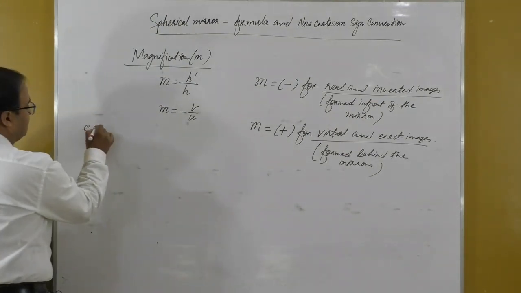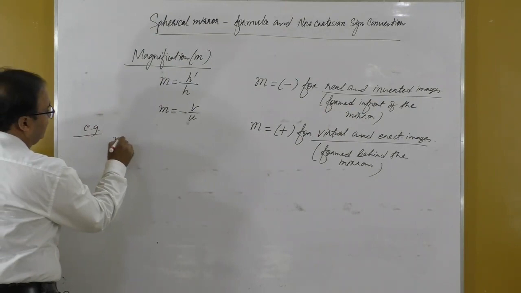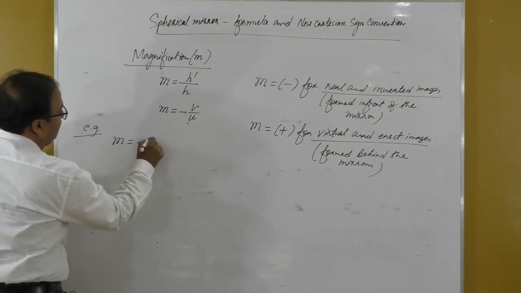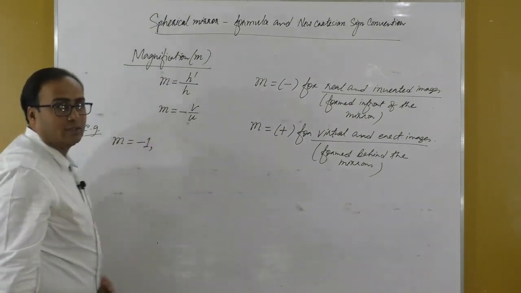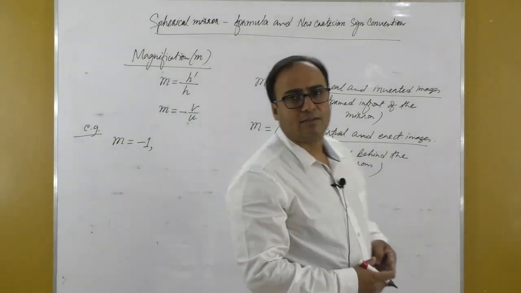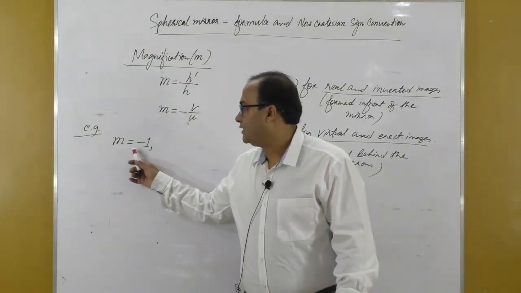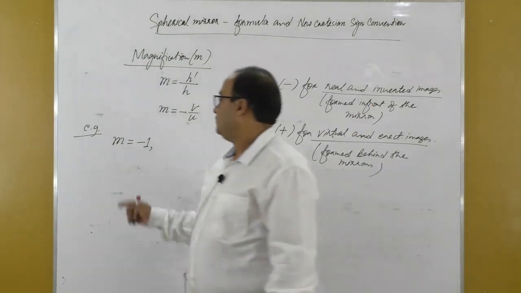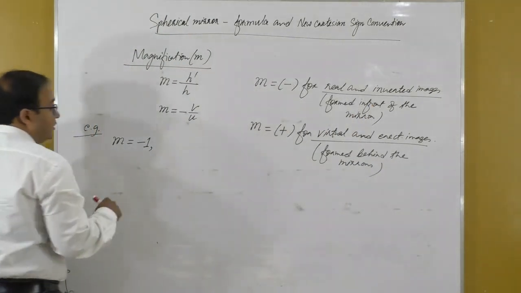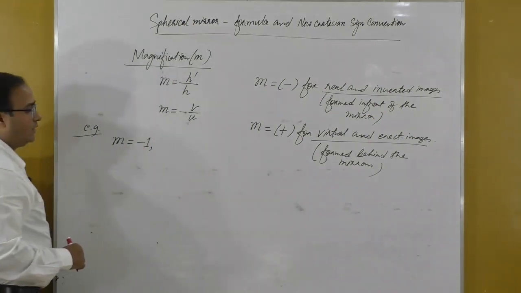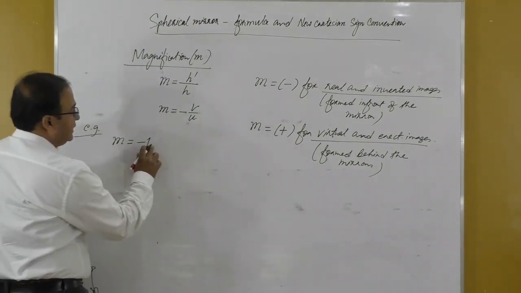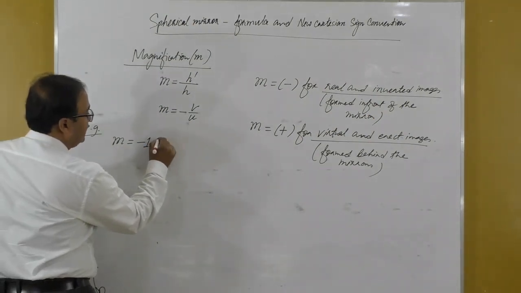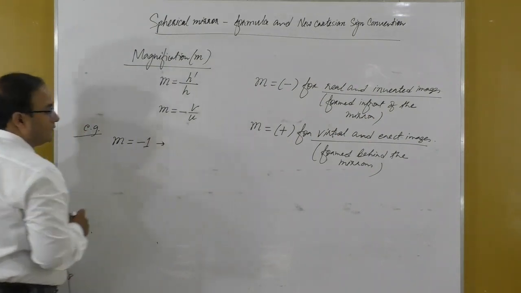I am discussing some example where if I ask you m equals to minus 1, what do you mean by this? If I get the value of m as minus 1, we know that there is no unit for magnification, but what is the meaning of this negative sign? What is the significance of this value 1? This minus sign represents real and inverted images.